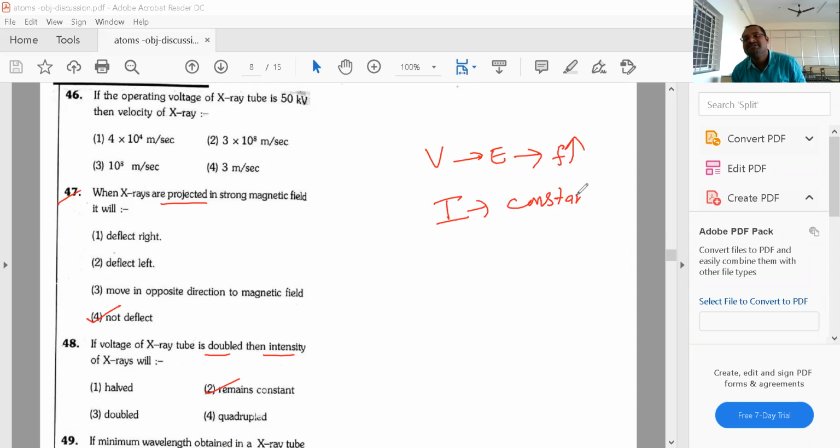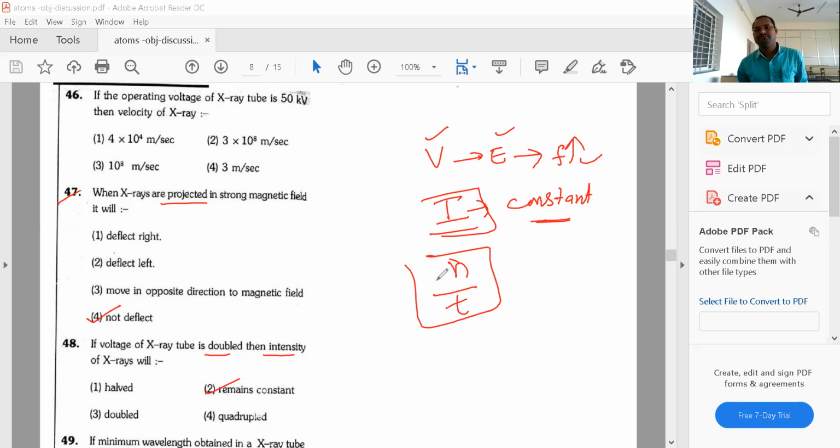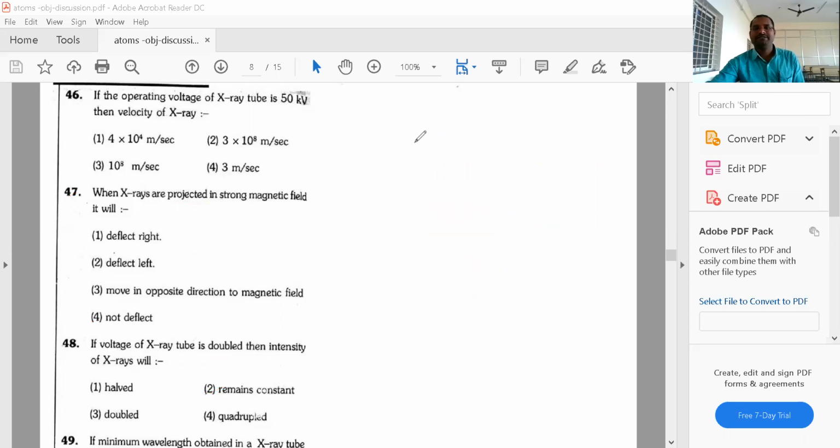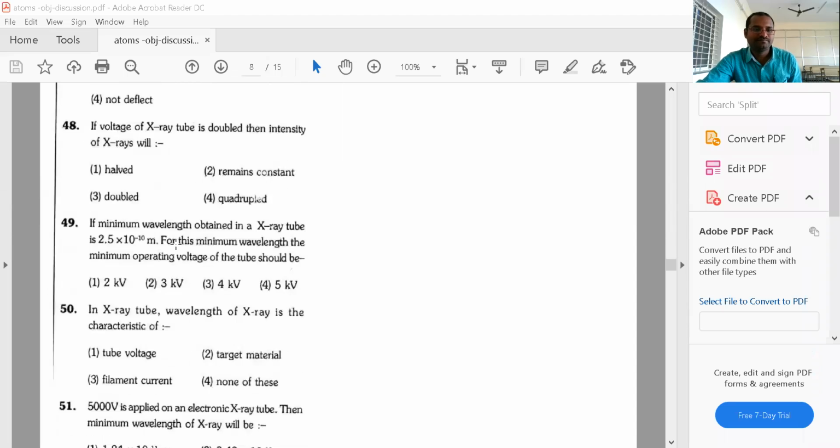Intensity does not depend upon frequency, that means energy, that means voltage. So whatever you do to the voltage, intensity remains the same. Intensity means the number of photons striking the metal target per second. This remains constant. Got it now? 48 remains constant. Next, question number 49.